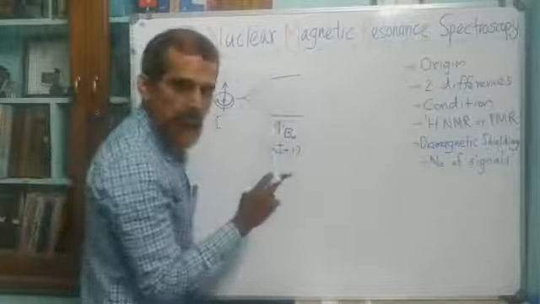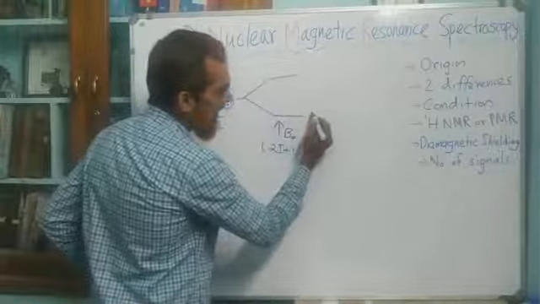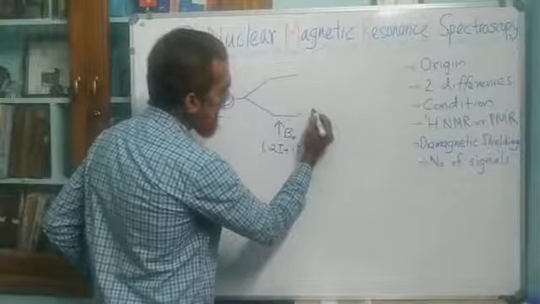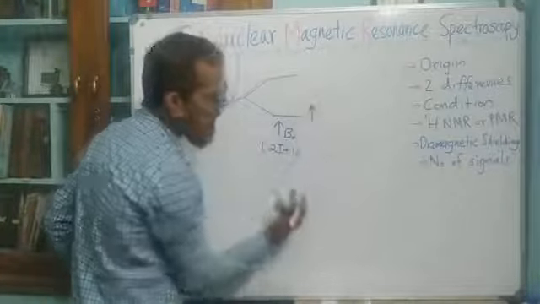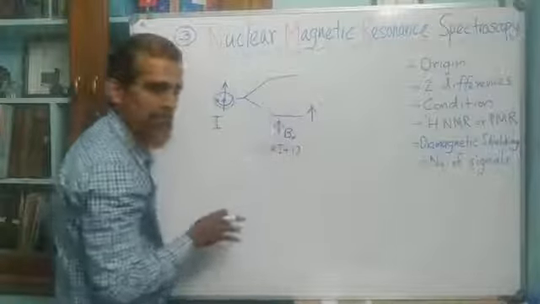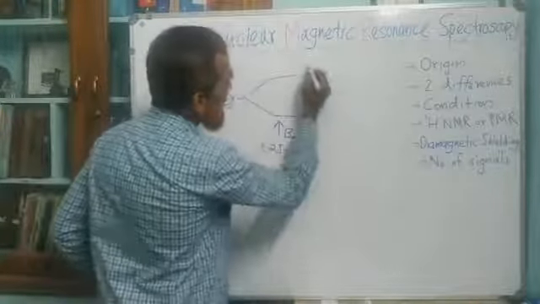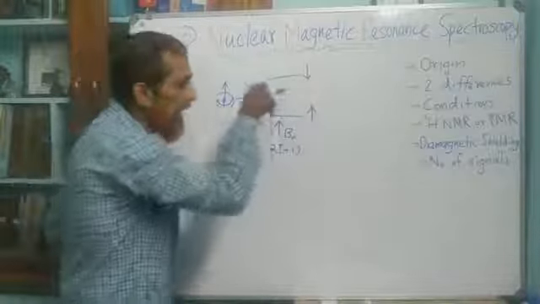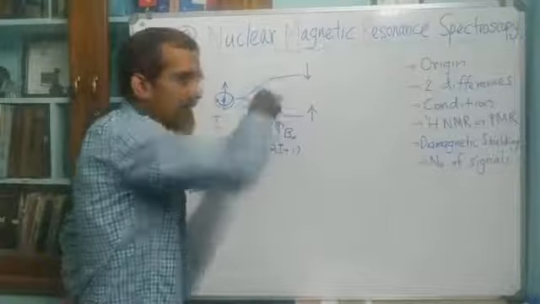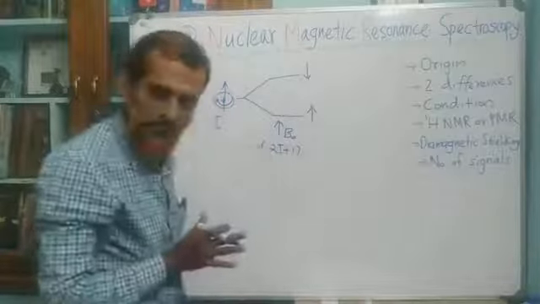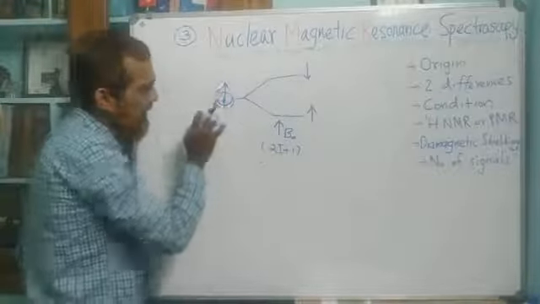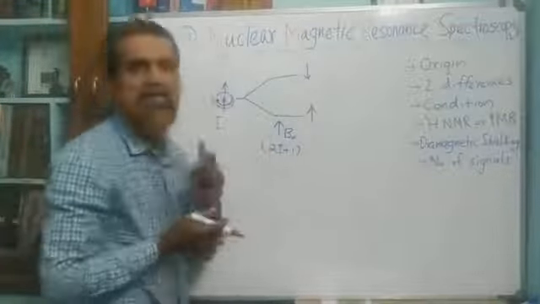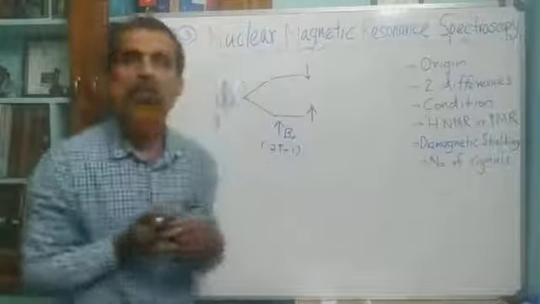Suppose it is in 2 orientations: one is aligned with the field, having lower energy, and the other is the magnetic moment aligned against the applied field, which has higher energy. Right? So a magnetic nucleus, when kept in an applied magnetic field, will have different orientations.